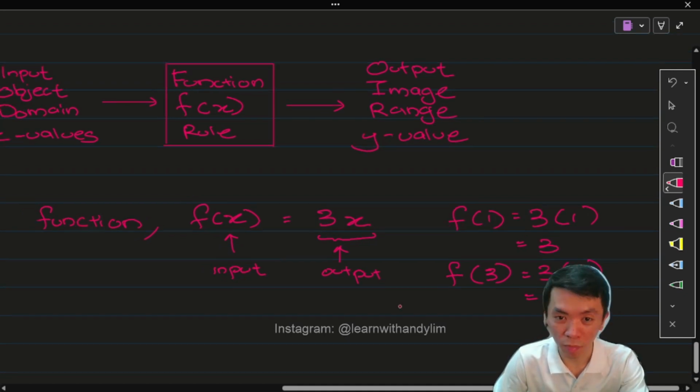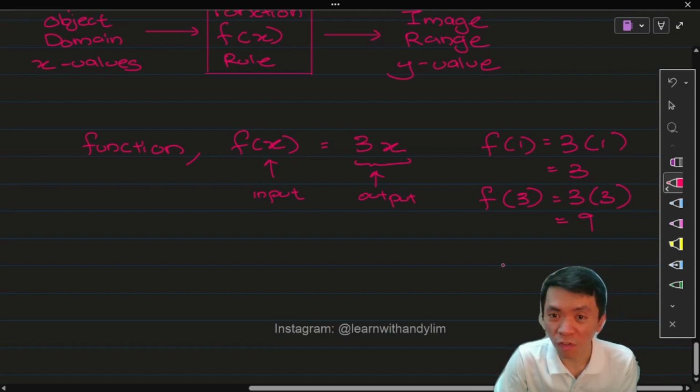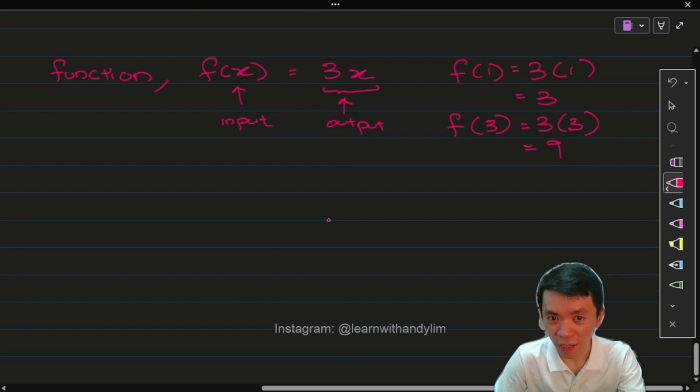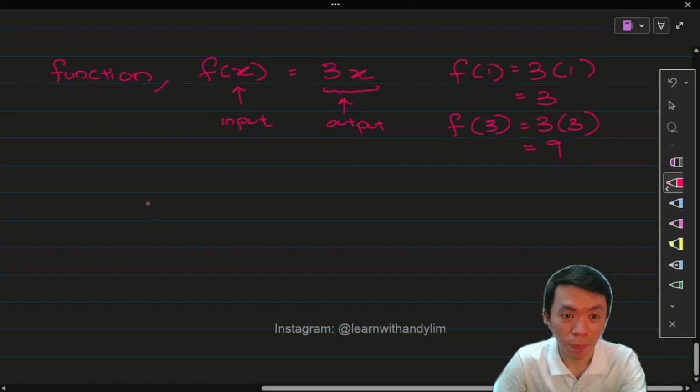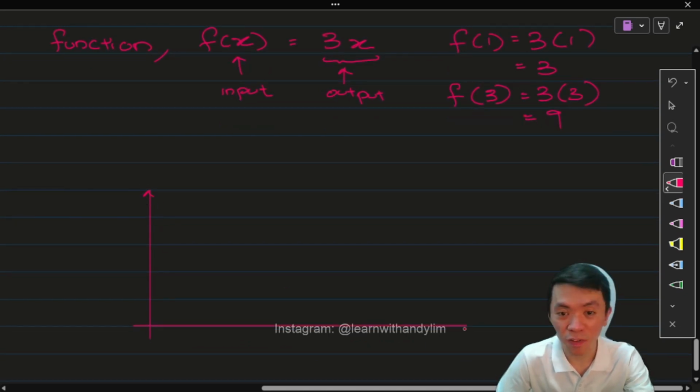I know this sounds ridiculous. What is the usage of function? So let's look at this. Say I have a plot here. This is what we call a Cartesian plane, y versus x.